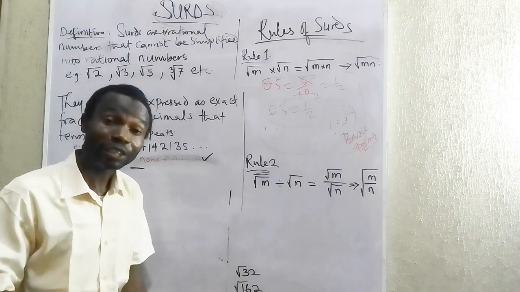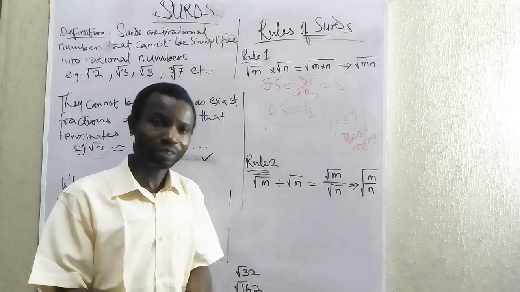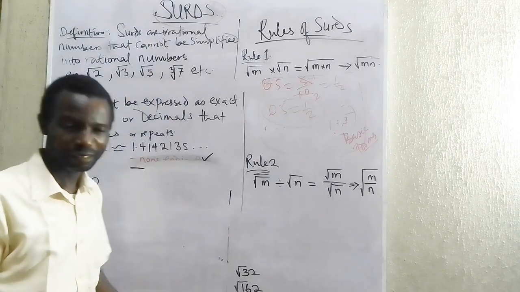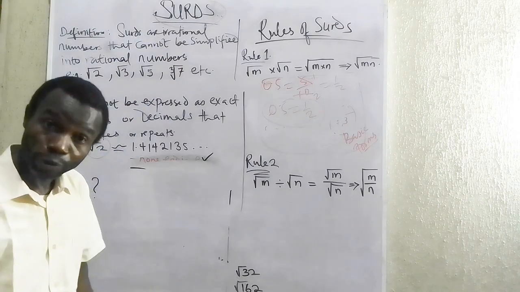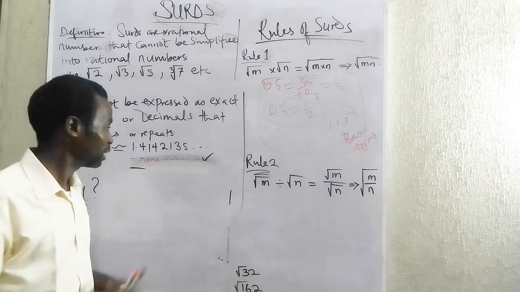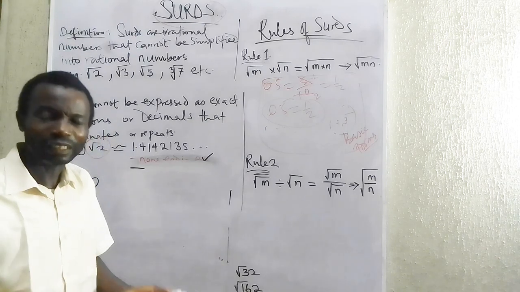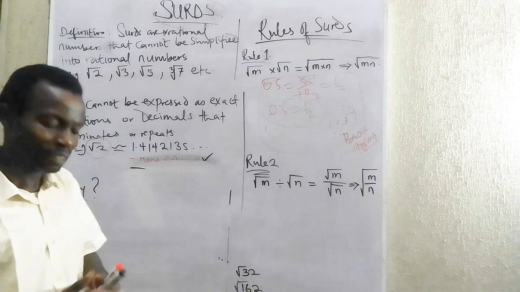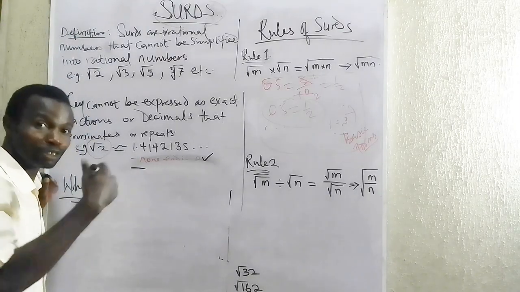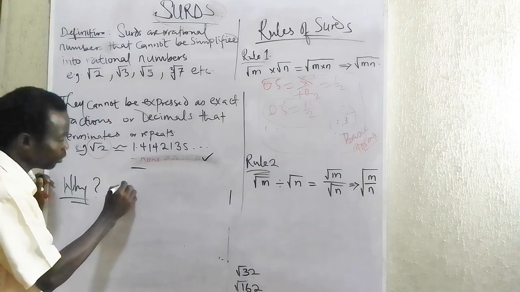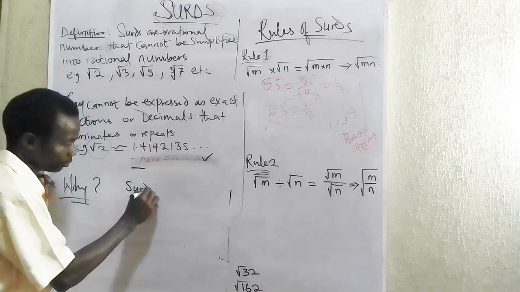And then the Arabians also looked at this set of numbers, irrational numbers, as deaf. They are not responding. And then Europeans, the same thing. They don't terminate. They don't repeat. So because they don't terminate, they don't respond, in quotes, they were called surds.